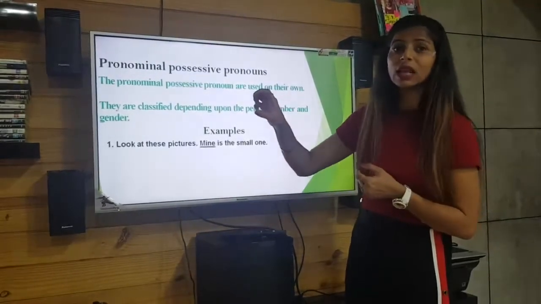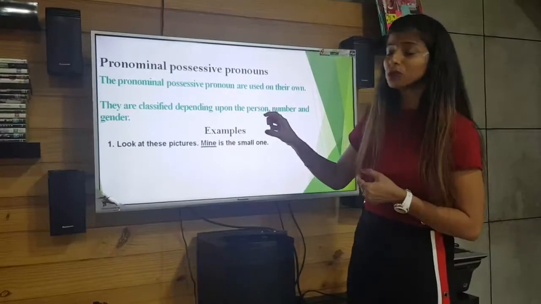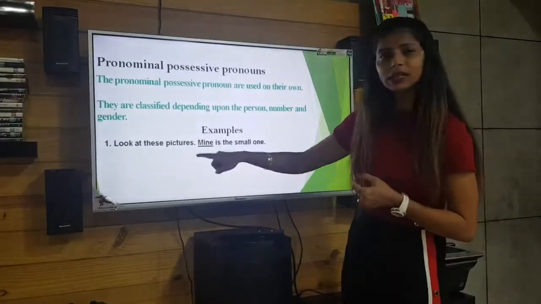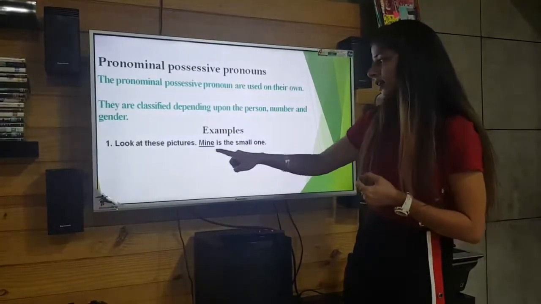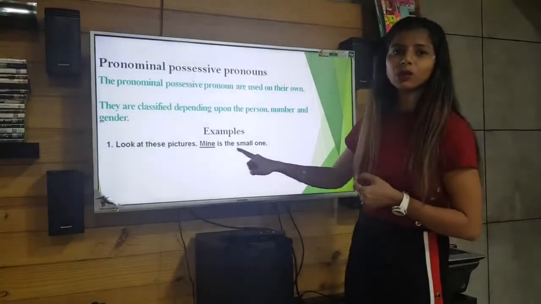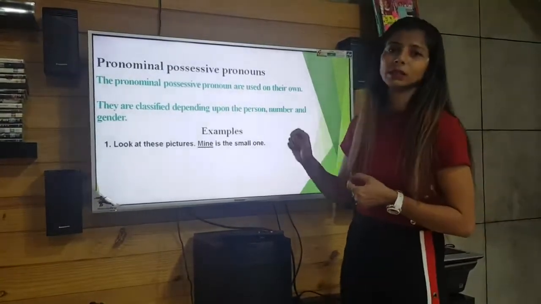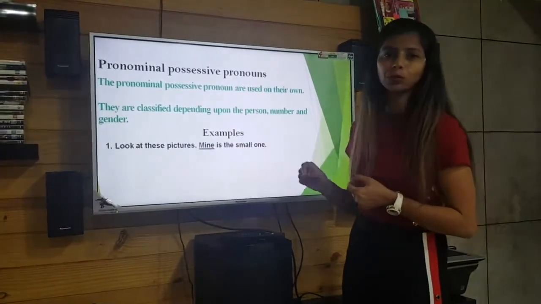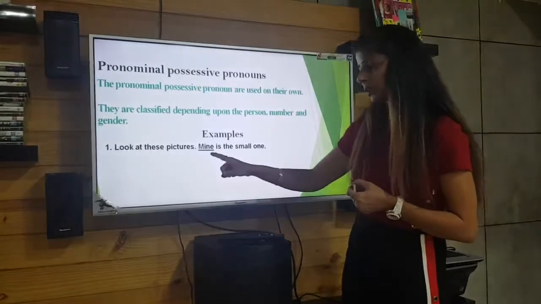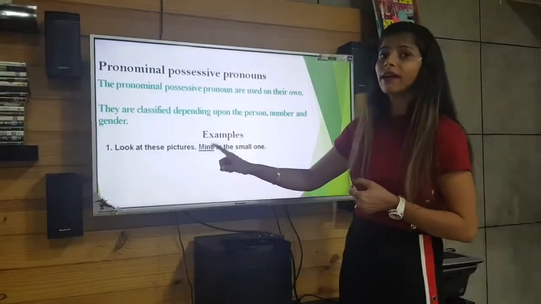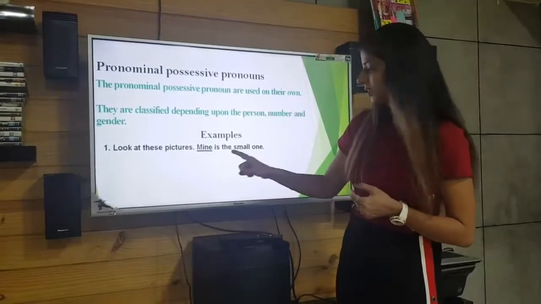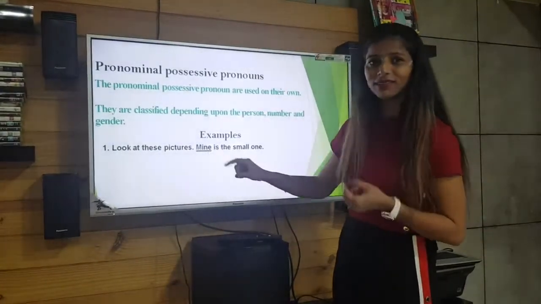Here the noun is not following that possessive pronoun. Here mine is coming on its own. Another noun is not following this pronoun. So that is why this is a pronominal possessive pronoun. But here it is again talking about the possession of something. That small one is mine, right?